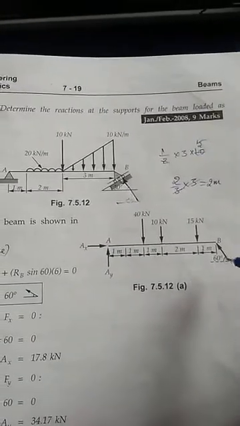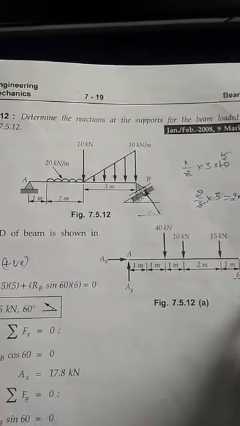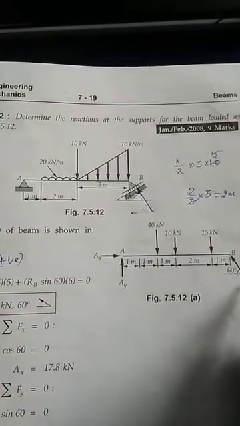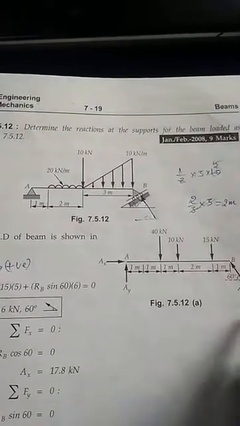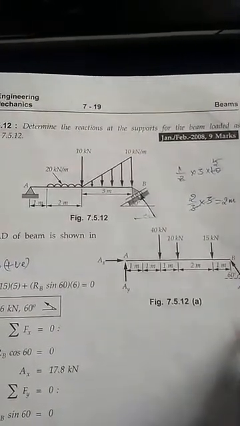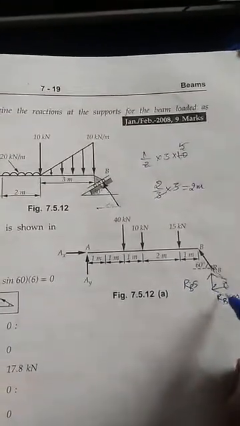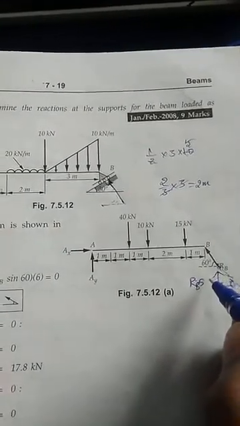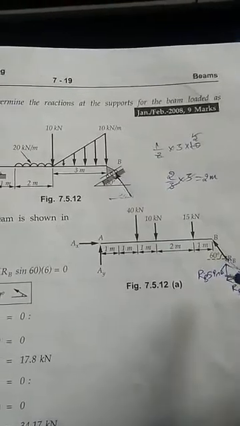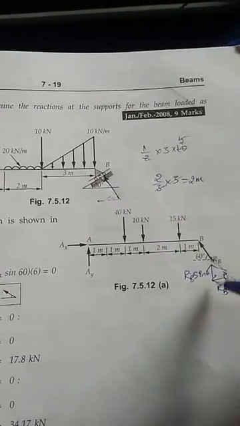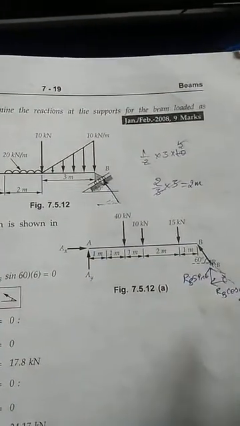But here you must be careful: this force has to be resolved into two forces, one horizontal and another vertical. This is RB, with the angle here: RB cos theta and RB sine theta. The horizontal component acts through the point, so RB cos theta will become 0.